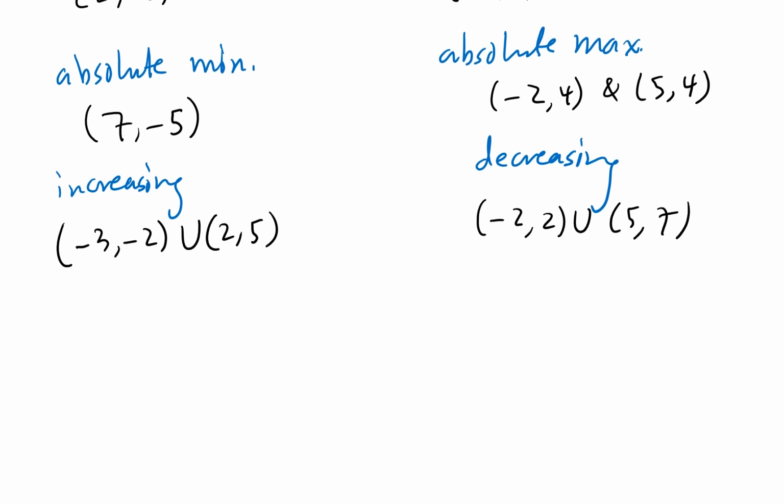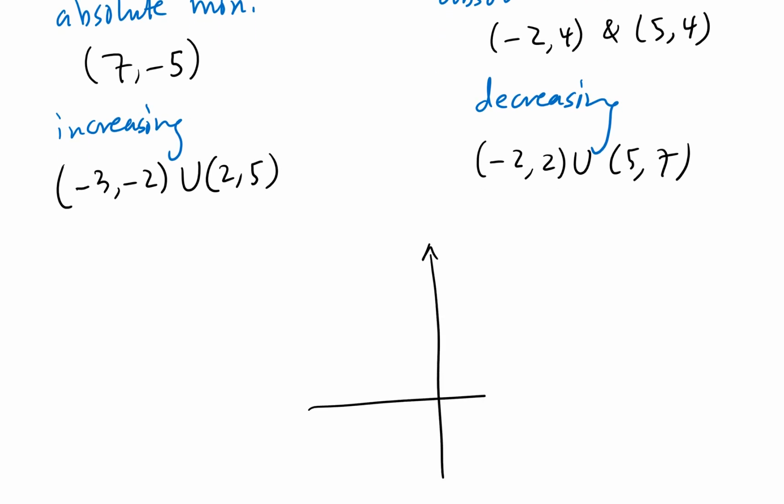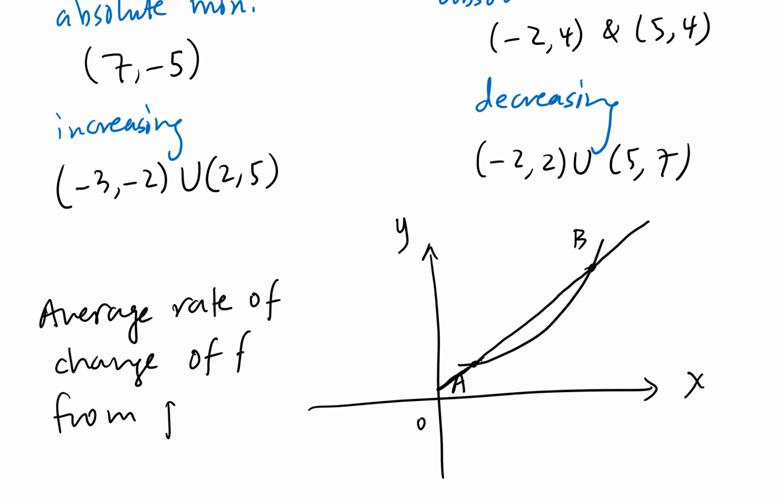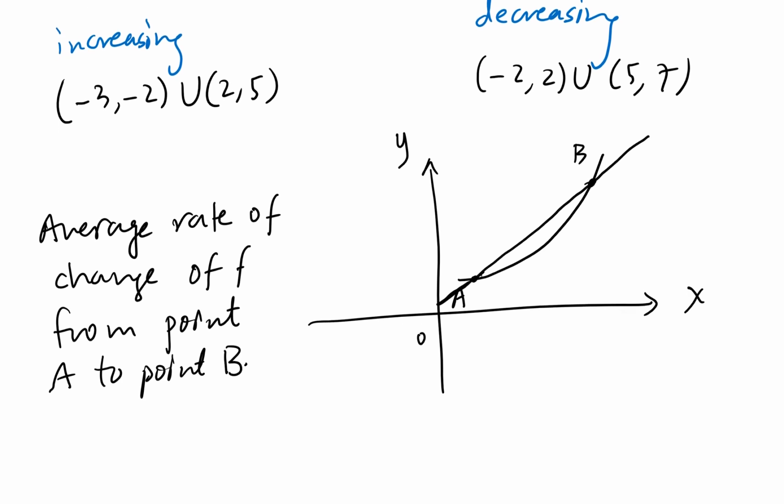Another thing to learn in this section: if we have any function f, label everything, and we pick 2 points on the graph, A and B. Then the average rate of change of f from point A to point B, what would that be?